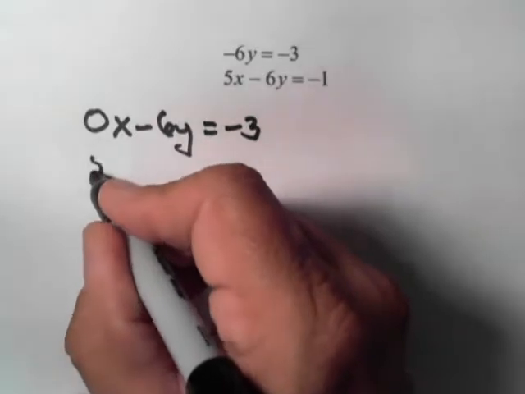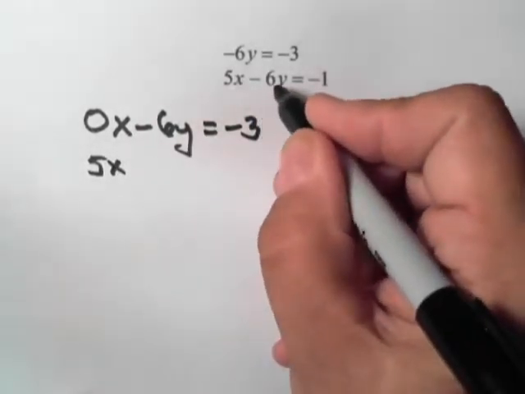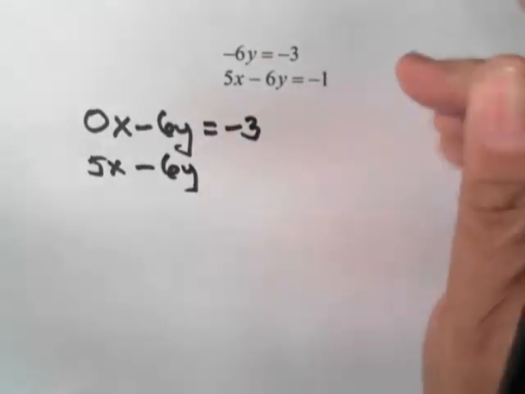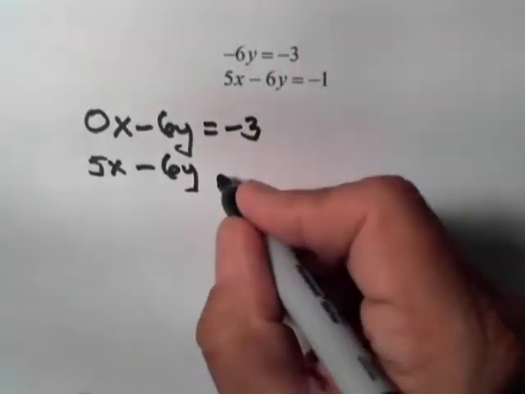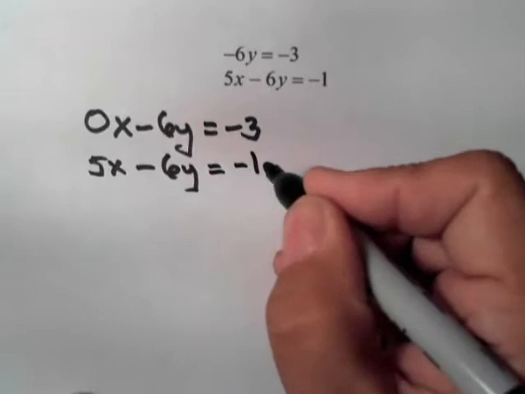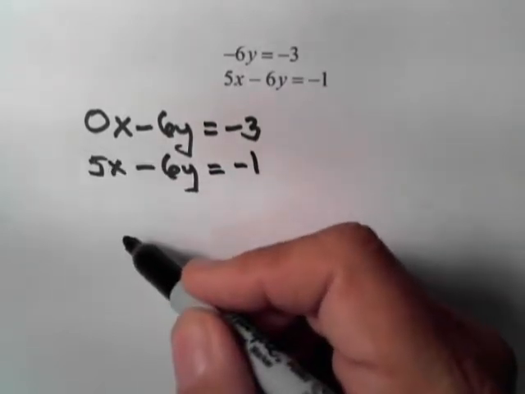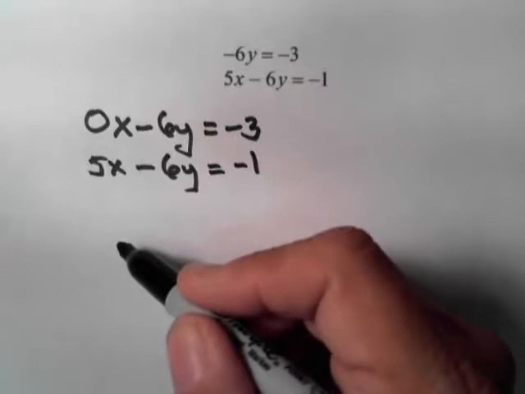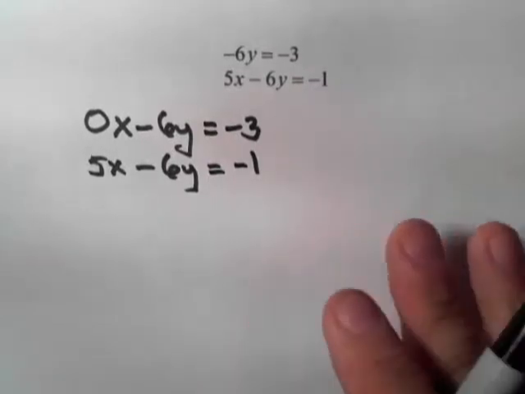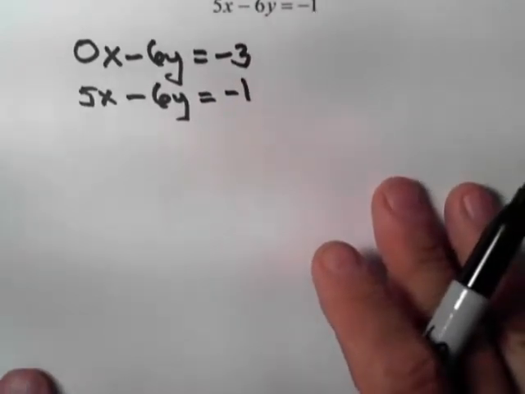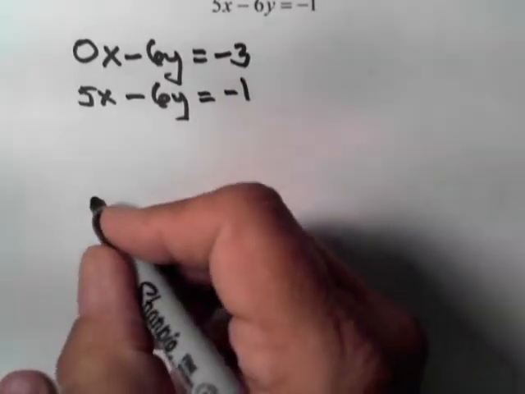We got 5x, okay, minus 6y equals negative 1. Okay, well, there we go. Now, why we line these up again is so that we can set up the different determinants that we need to make sure that they're correctly lined up. So here we go.